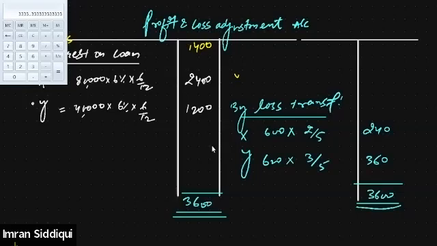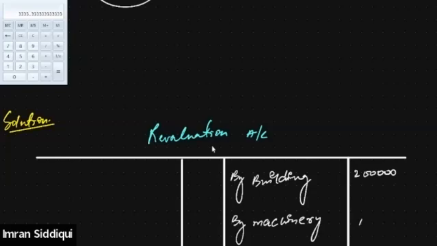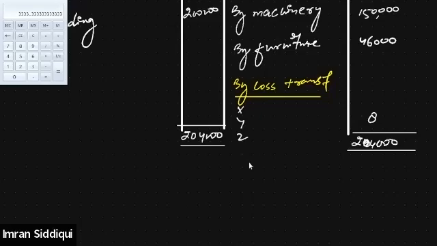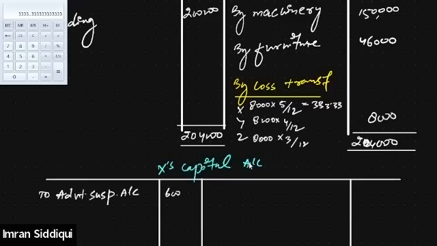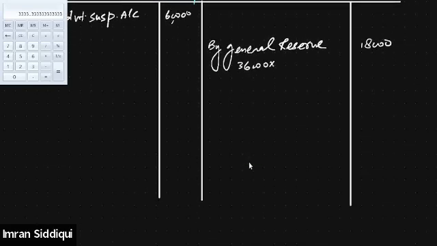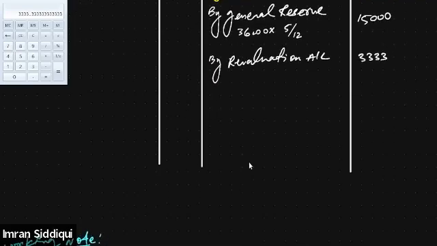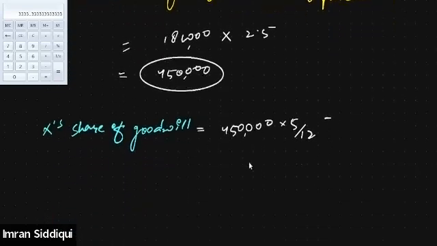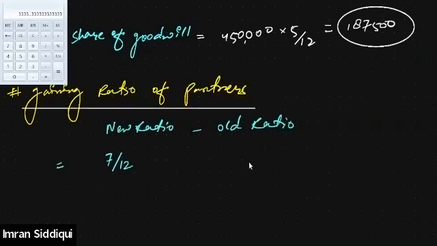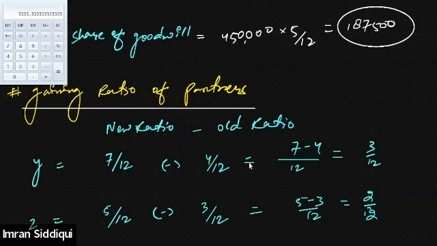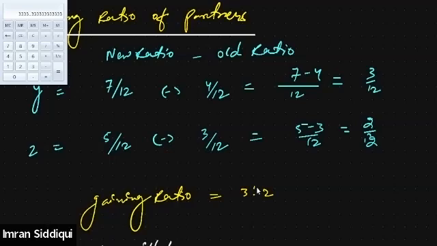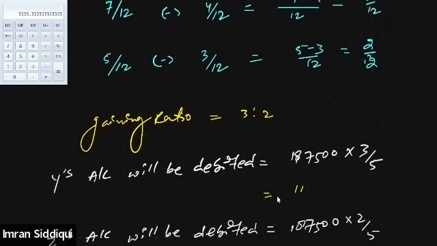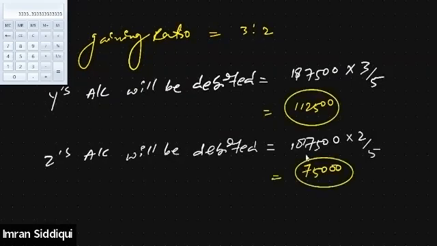Sir, can you show the gaining ratio? Just a minute. I by mistake deleted everything. I need to redo everything. This is the gaining ratio. Sir, can you scroll up, please?